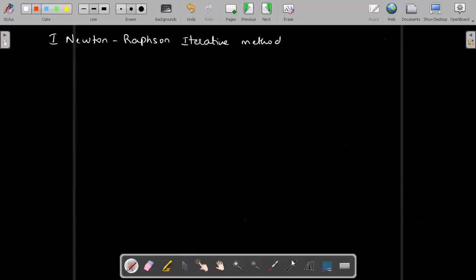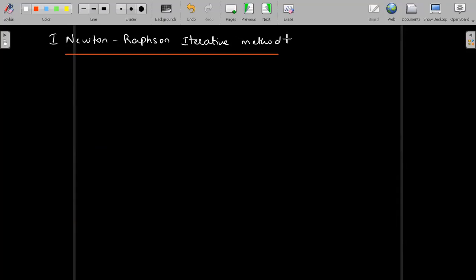So first let us write on the formula for Newton-Raphson iterative method and then we will see how to work out the problems in it.